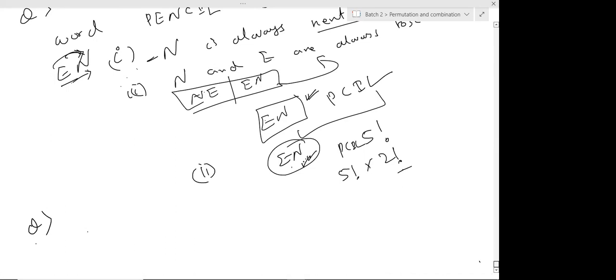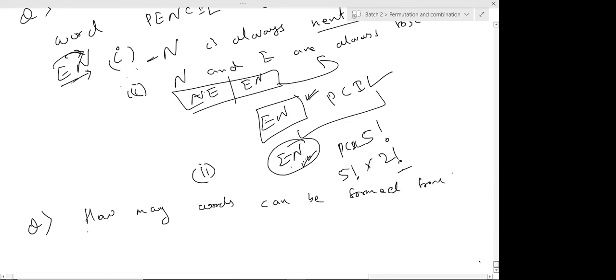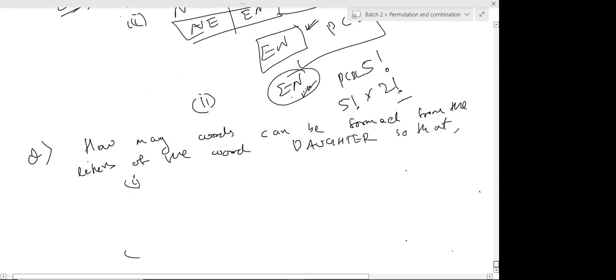How many words can be formed from the letters of the word daughter so that the vowels always come together?